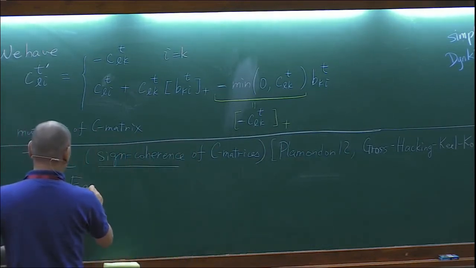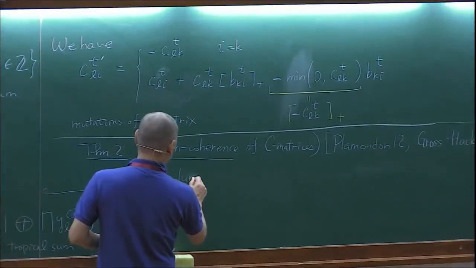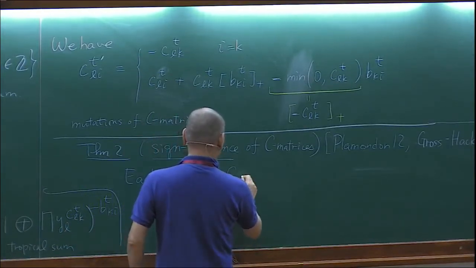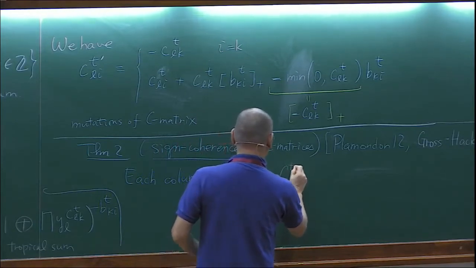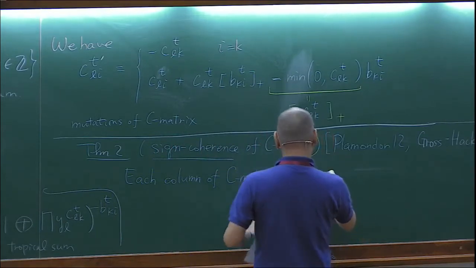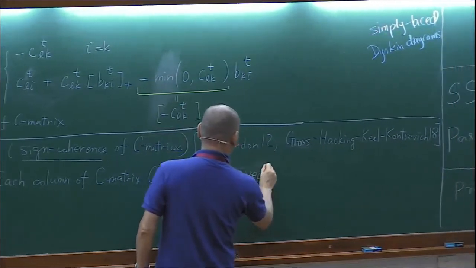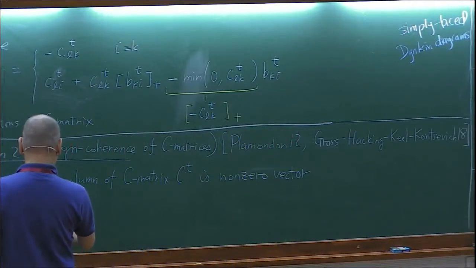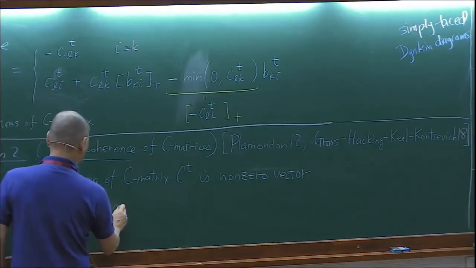So the statement is: each column of the C matrix, C of t at any point, is a non-zero vector and it has a definite sign.